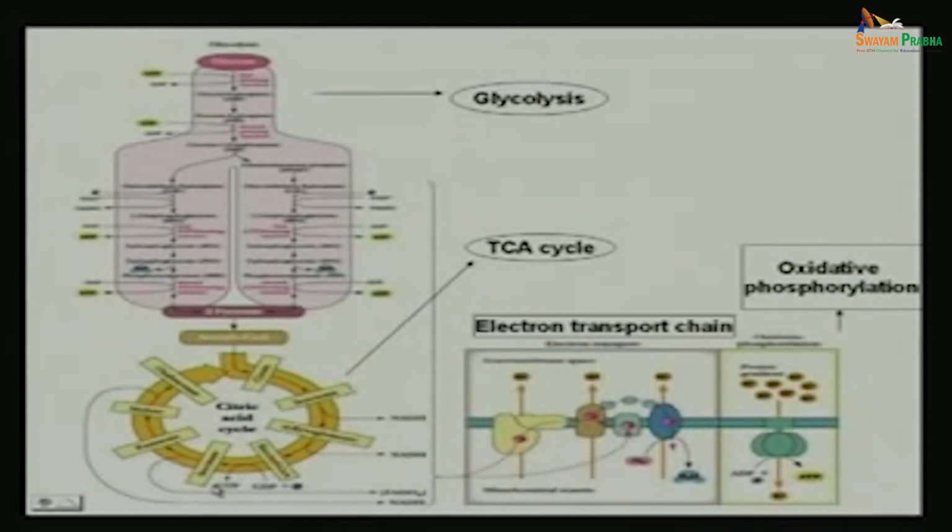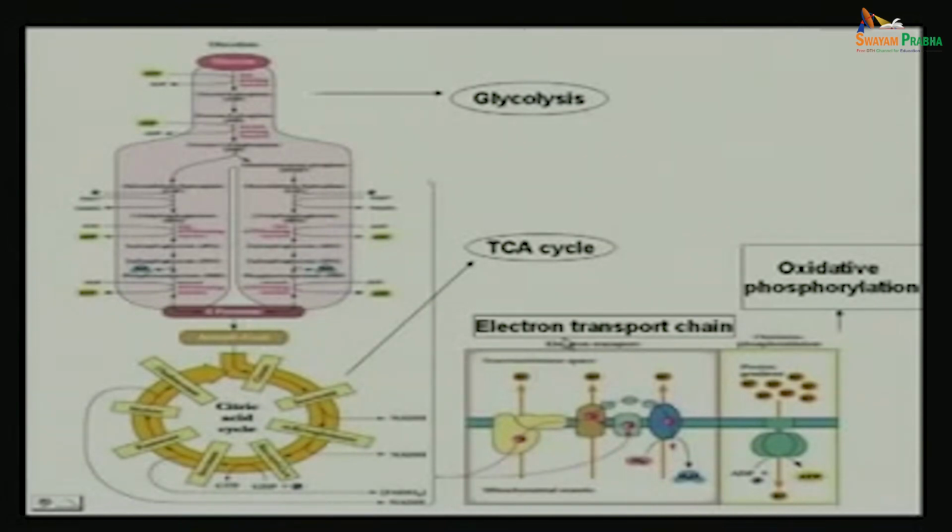We have also seen that in this process some hydride ions are formed, and when this cycle is further processed, it enters the electron transport chain. And today we will be discussing this electron transport chain.